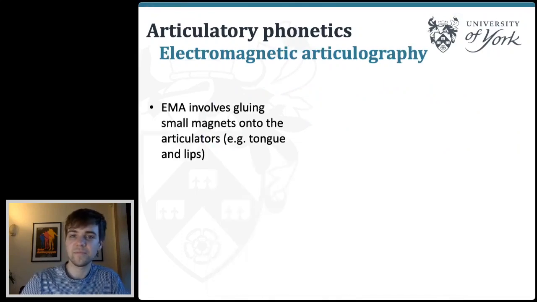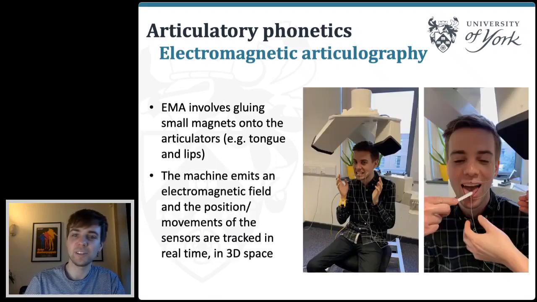Okay, one final method that I just want to mention is electromagnetic articulography, or EMA for short. And this has one big advantage over ultrasound, because ultrasound only tracks the position and the movements of the tongue, whereas EMA can track pretty much anything that you can stick a magnet to, because that's how it works. So again, this is a picture of me demoing it a couple of years ago.